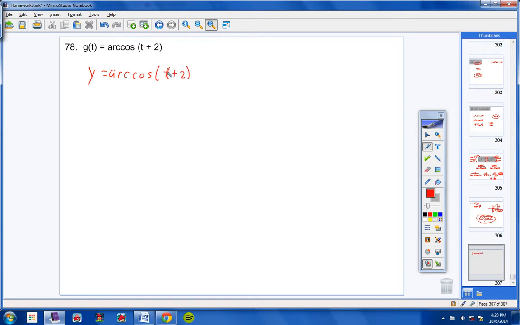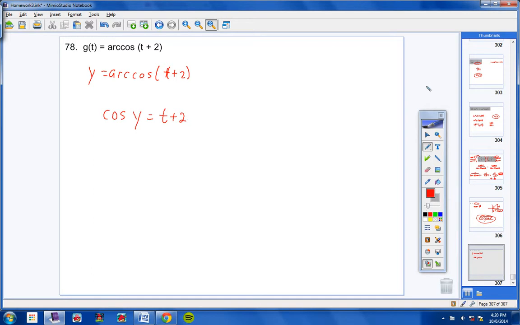Now next, remember, usually you rewrite your arc cosine with a theta, but because the entire arc cosine equals y, we're going to rewrite it like this. Instead of putting cosine theta, we're going to put cosine y equals t plus 2, okay?